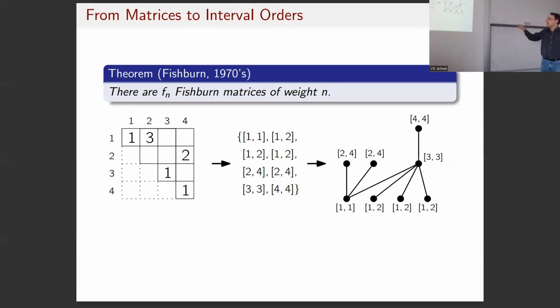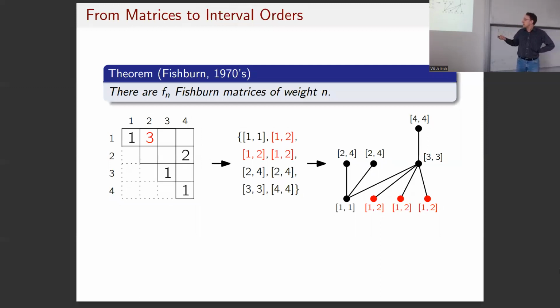Here's the idea how a matrix encodes an interval order. So you start with a Fishburn matrix, and every entry in that matrix, such as this entry in row 1 and column 2, encodes some number of intervals. So this is row 1 and column 2, so this entry is encoding intervals from 1 to 2, and this number 3 tells me that I want to have 3 copies of such intervals.